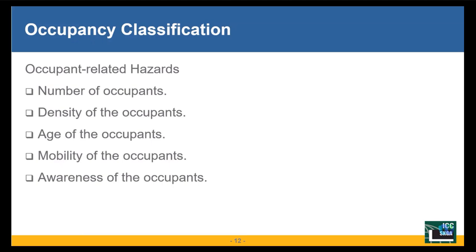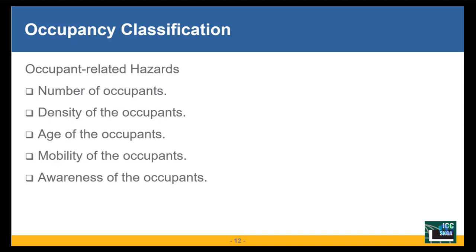So what are the related hazards in occupancy classifications? And why do we, for example, call an occupancy A1 and another occupancy A2? Why do we call an occupancy B?